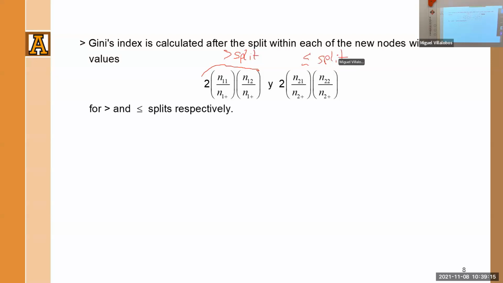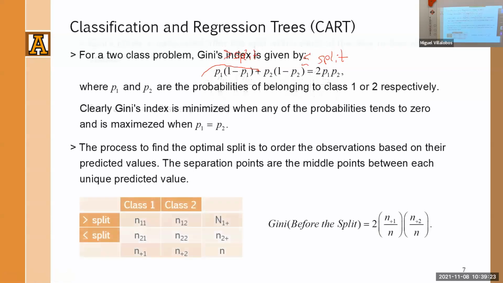Because after I did the split, if I'm in the greater than branch, then what do I have? In class 1, I have N11, and my total sample size would be N1+.